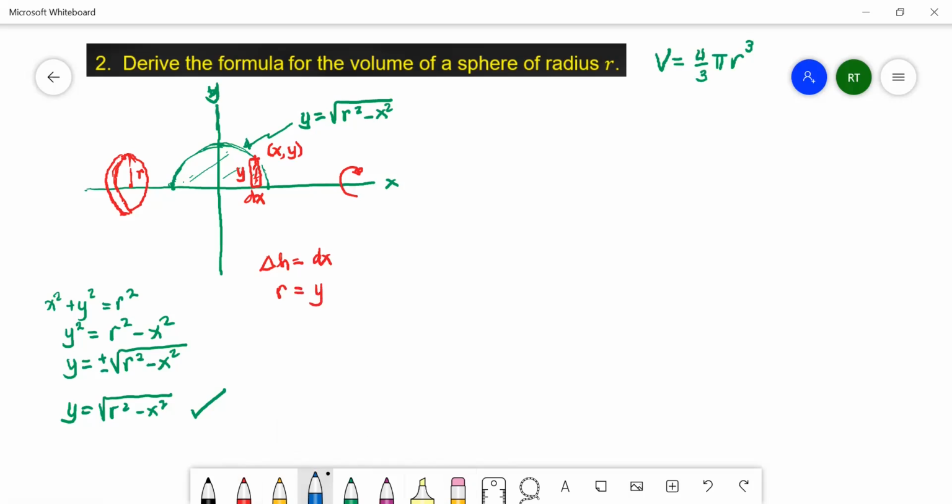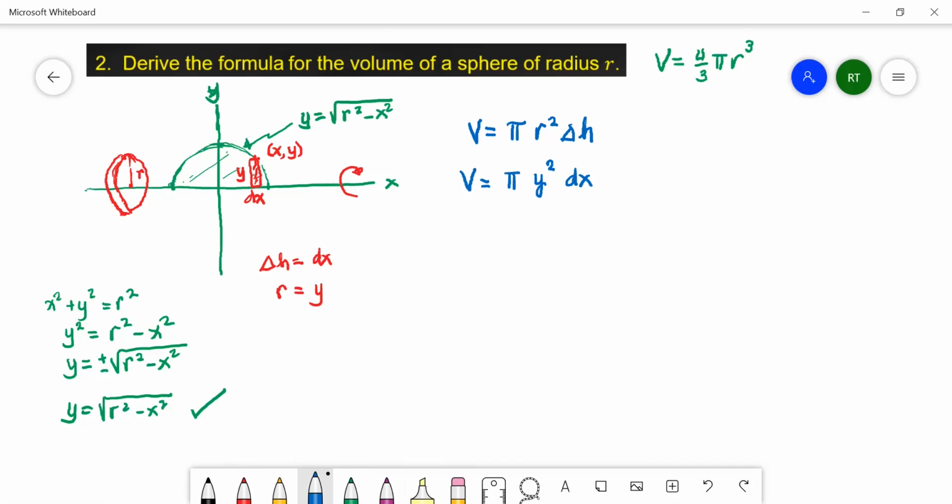So again, we're going to start with the volume of the circular disc. The volume of the circular disc is equal to pi times the square of the radius times the thickness. Therefore, if we get the volume of the circular disc of the representative element, then the volume is equal to pi, r is equal to y, so y raised to the second power, and the thickness is dx.